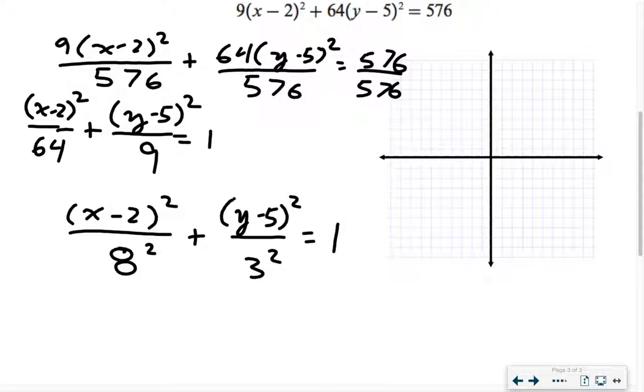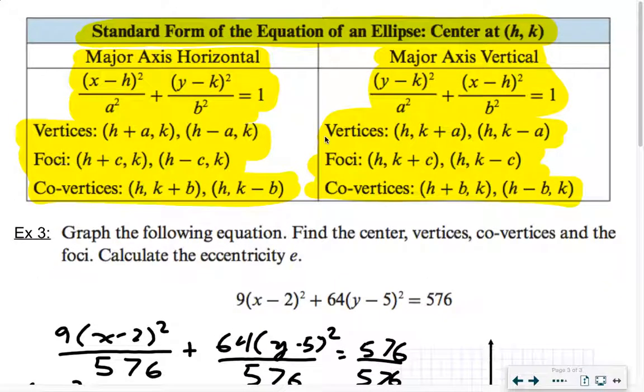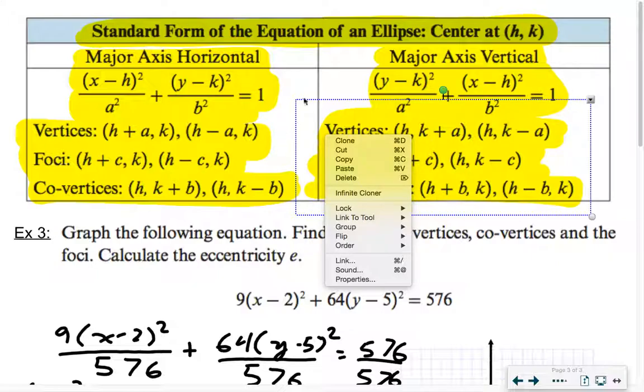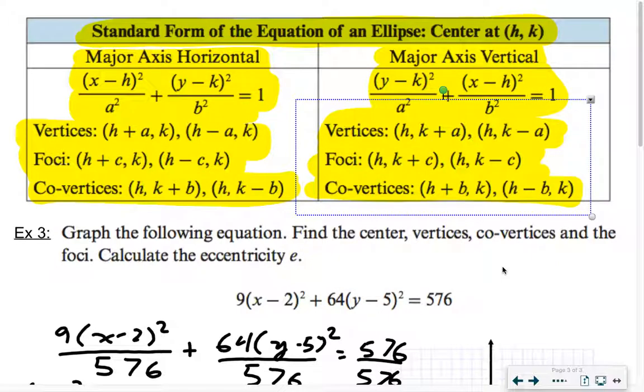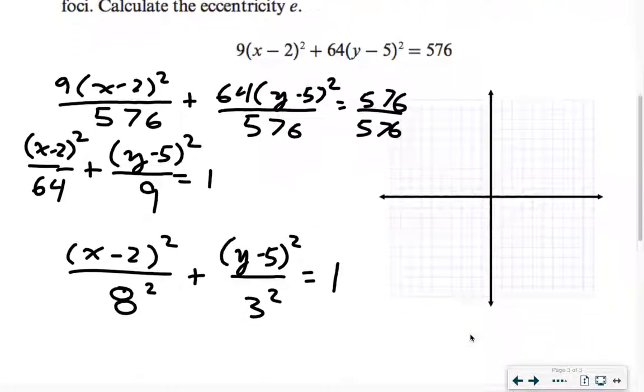For those of you watching the video, go ahead and go to the notes that are online, just the regular lesson notes. You'll find those on Canvas, and then you can see how we filled in the rest of the pieces. Go back to your chart that we have up at the top. Look at your major axis horizontal versus vertical. If you look at this equation, notice your A value is going to be the 8.